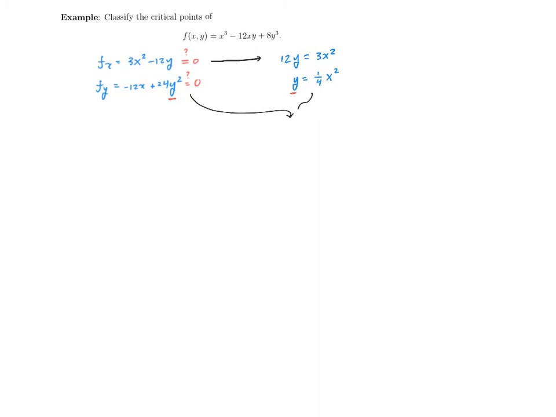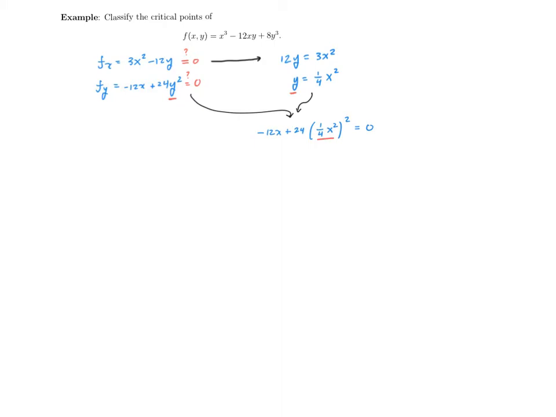So similar to our work on the previous video, we now have minus 12x plus 24 times the quantity 1/4 x squared, squared, equals 0. So we took the value of y and we replaced it with 1/4 x squared. And now our job is to algebraically simplify and solve for x.